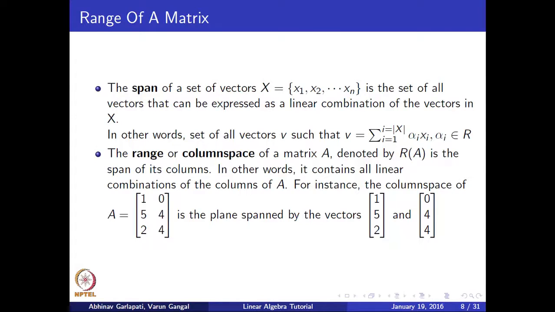So if you consider the matrix given here, the columns of this matrix A are (1, 5, 2) and (0, 4, 4). So what would be the column space of this matrix? It would be the span of the vectors (1, 5, 2) and (0, 4, 4), which is essentially the plane which is spanned by these two vectors.